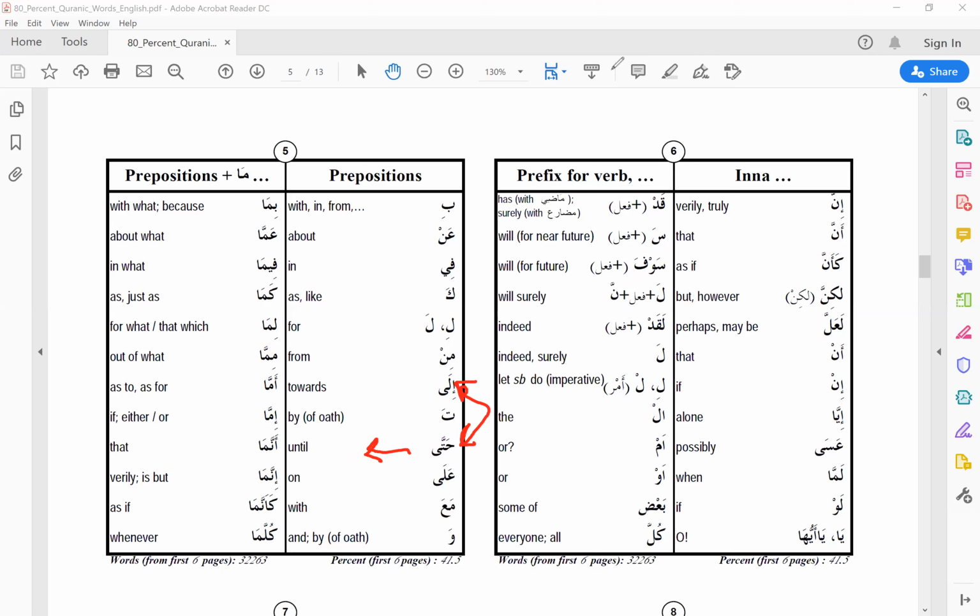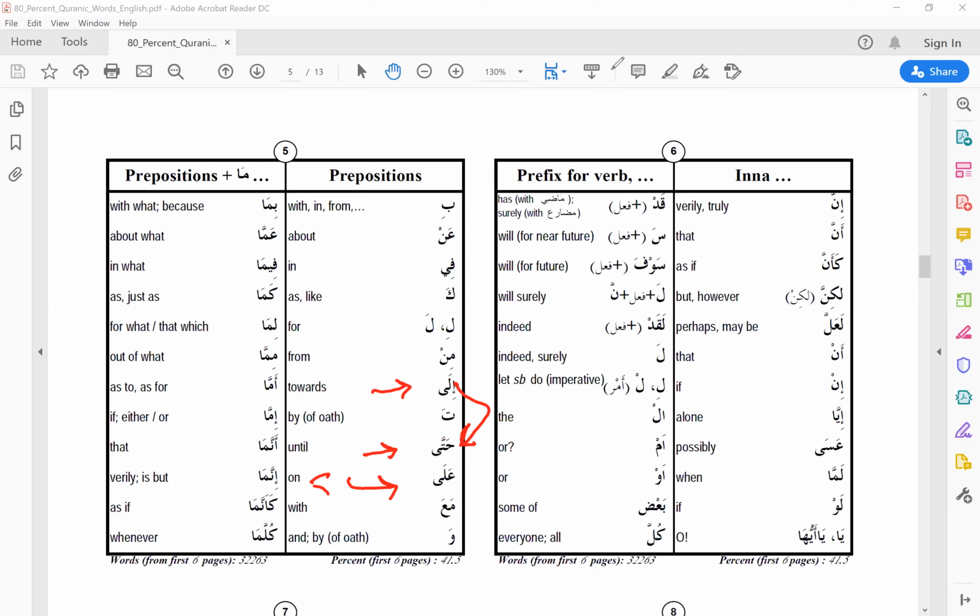So حتى is until, and ila would many times be until as well, or to. All right. So حتى is until, and على would be on. على would be on. And sometimes the word ala can also be about as well. So sometimes it can be about. So I would actually put on and about right there.